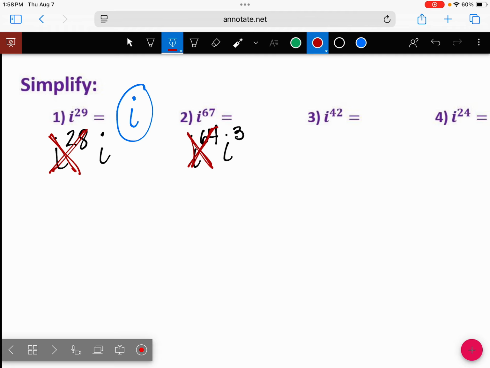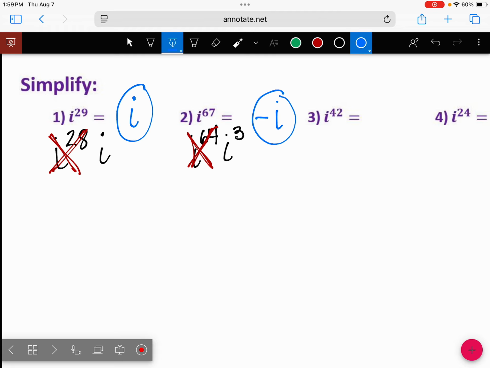And then remember I said if you know these, then you know them all. i to the power of 3 is what? Negative i. So that would be my answer. Notice how I can tell that that's an i. So make sure I can see the dot.